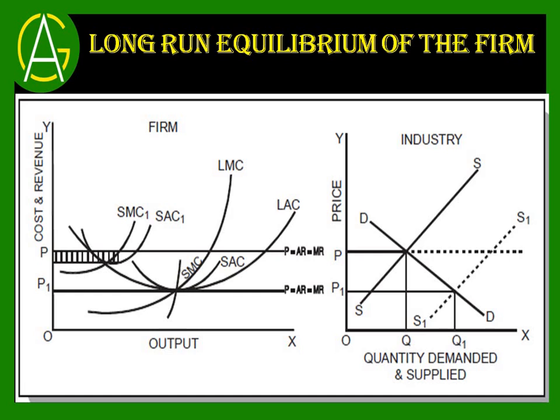Option A, supernormal profit. Option B, normal profit. Option C, loss. Option D, any of the above. Friends, the answer will be normal profit, that is answer B. The firm under perfect competition in the long run earns normal profit only.